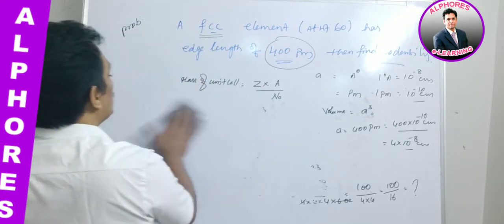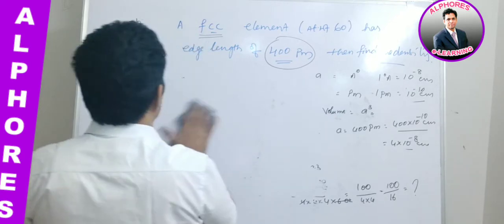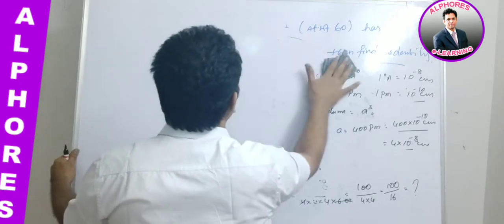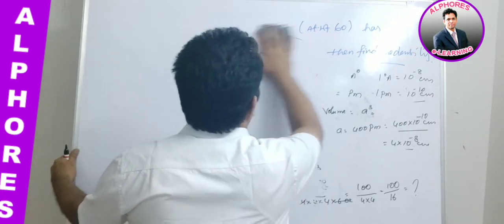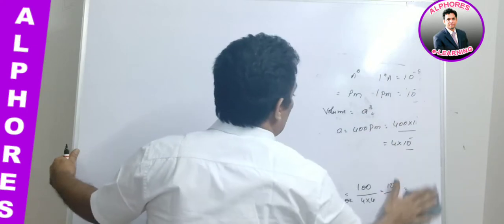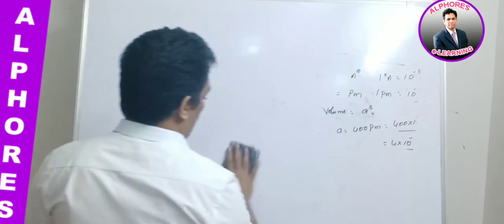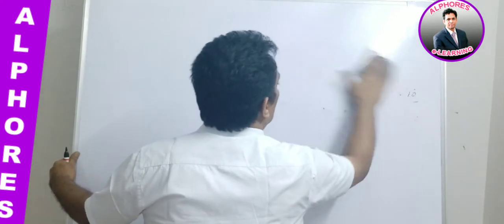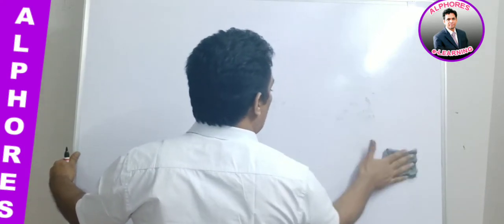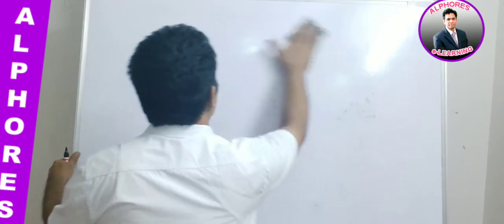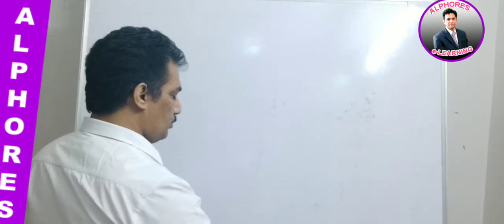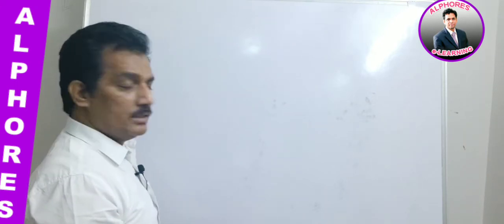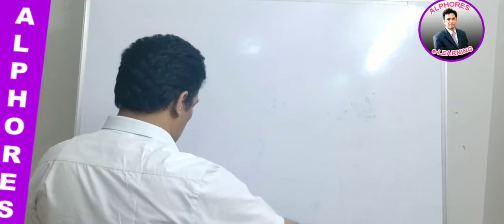And now coming to this session's concept, that is nothing but finding the relation or finding the atomic radius with respect to the edge length. And here just let me give some facts related to the crystal structures, their relation, that is edge length relation with the atomic radius. First let me give some facts related to this, thereby you can easily guess what is the relation.